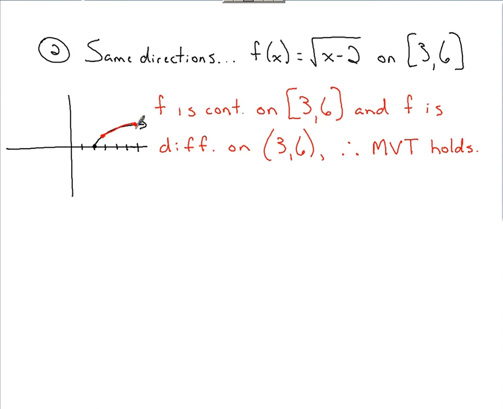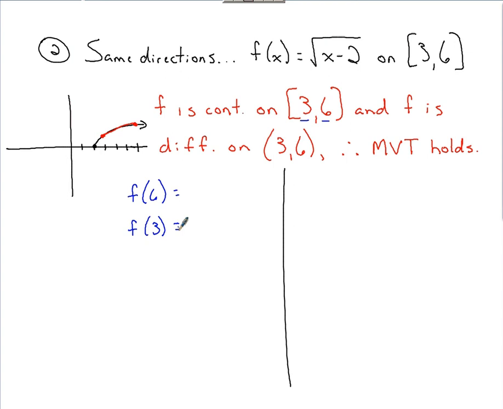Now we know we can apply this theorem. We go to the calculating portion of the problem, just as we did on the last one. We're going to take our values that are up here from our restrictions on the domain, and plug them into the function. We get the corresponding values of the function back at those values of x, or the y values at those values of x.